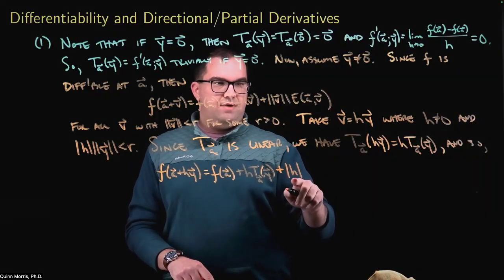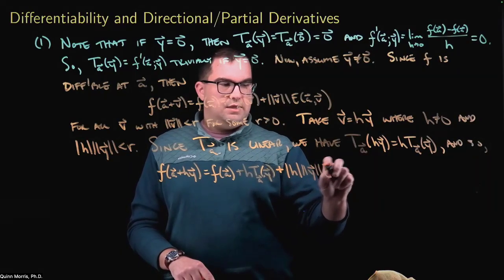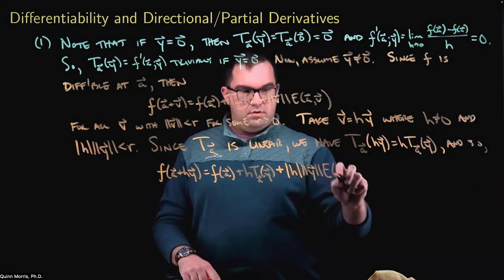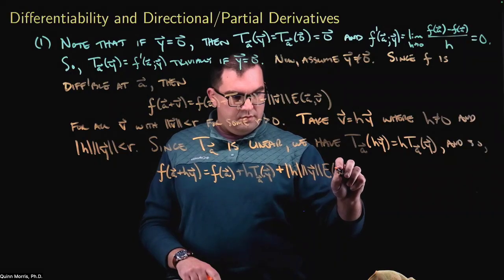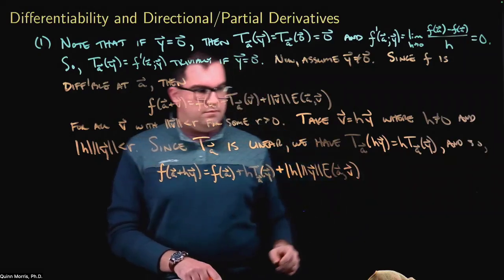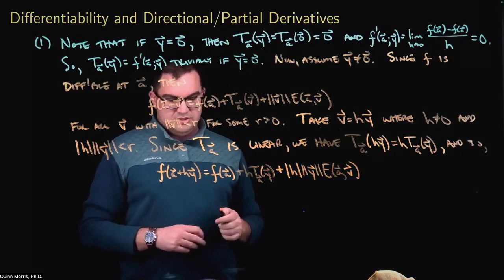That's going to give me an absolute value of H times norm of Y times E of A V. Okay. Now I'm going to leave this as V because it's actually not important that I switch this one around here.